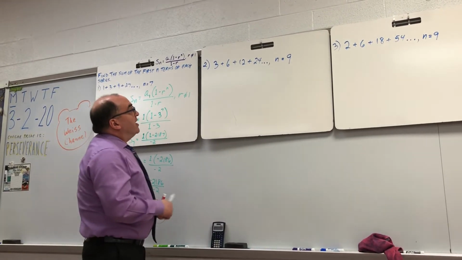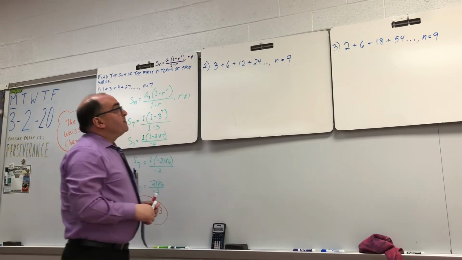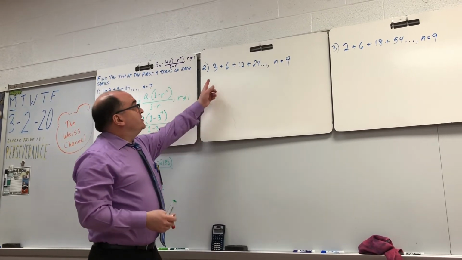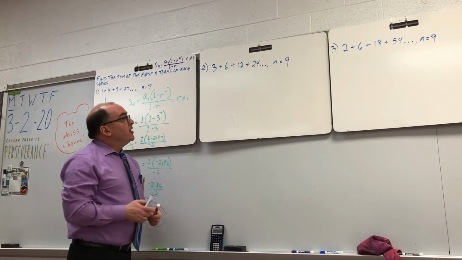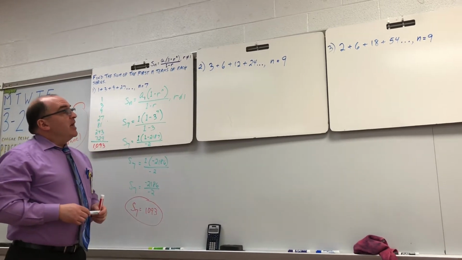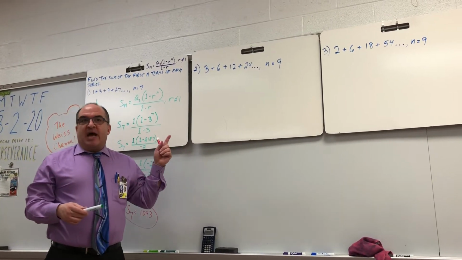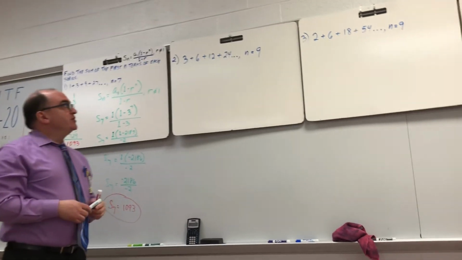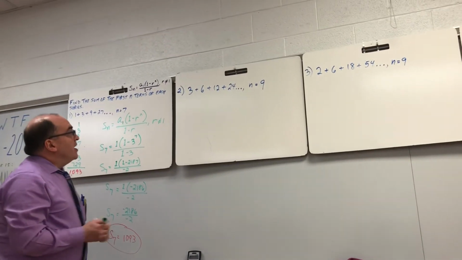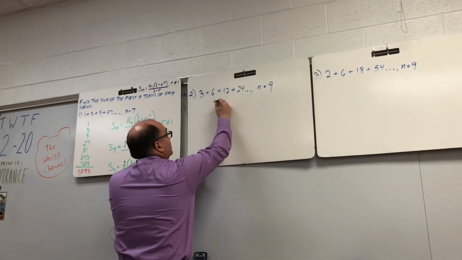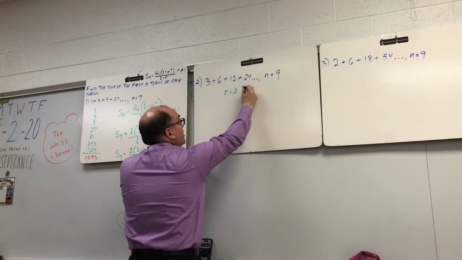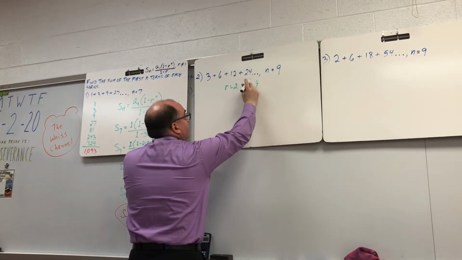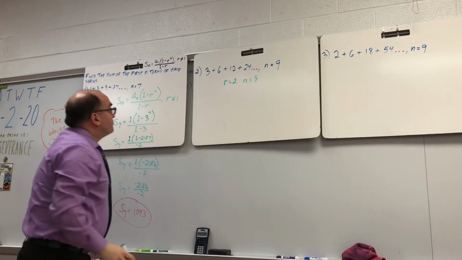All right, over here, what is R? How much is this increasing? By what, 6 or 3? It's not adding 3, it's times 2, right? This is times 2. So, here R is going to be 2, and N is going to be 9. Okay?